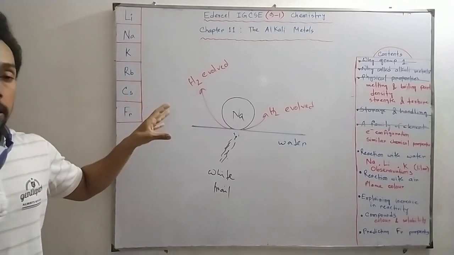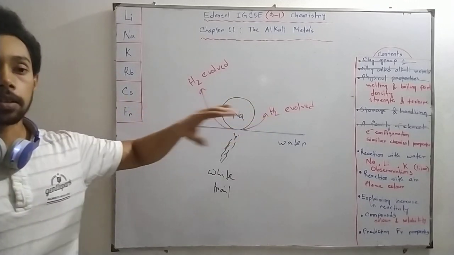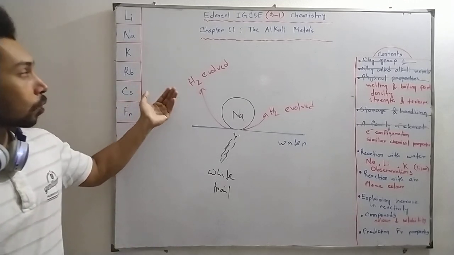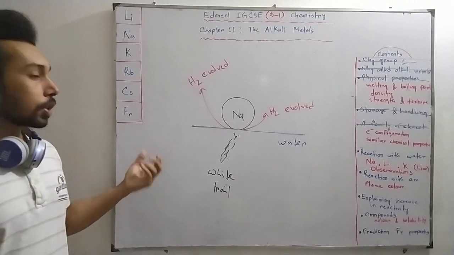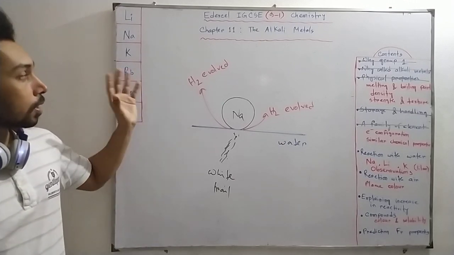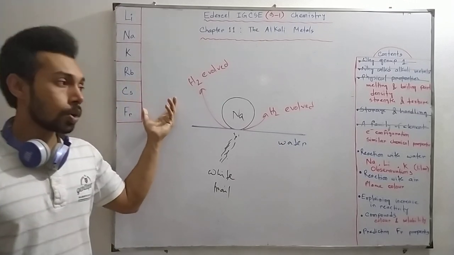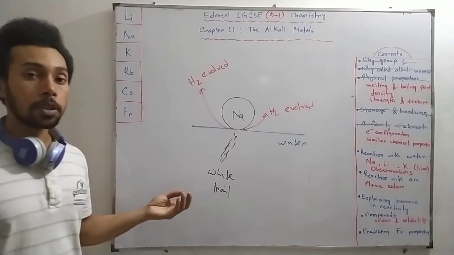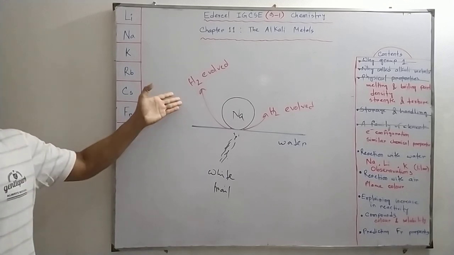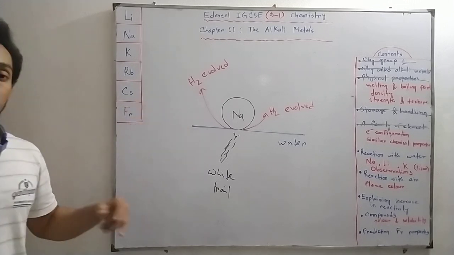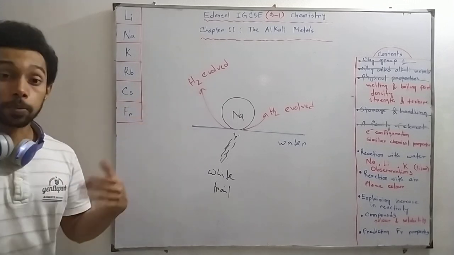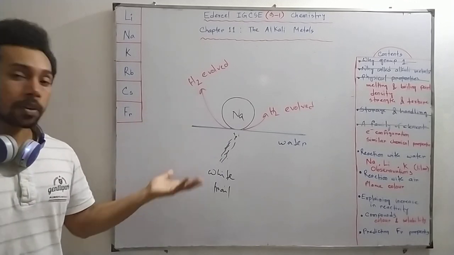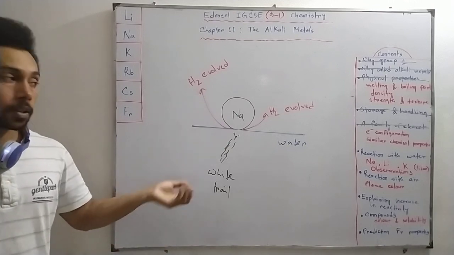This gas is actually hydrogen, but it's a colorless and odorless gas, so we won't be able to understand what gas is being given off. But when you are asked to write down an observation, you will write fizzing seen, or effervescence seen, or bubbles of gas seen.